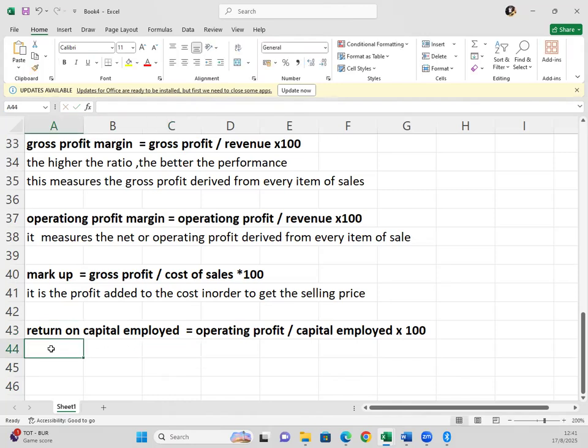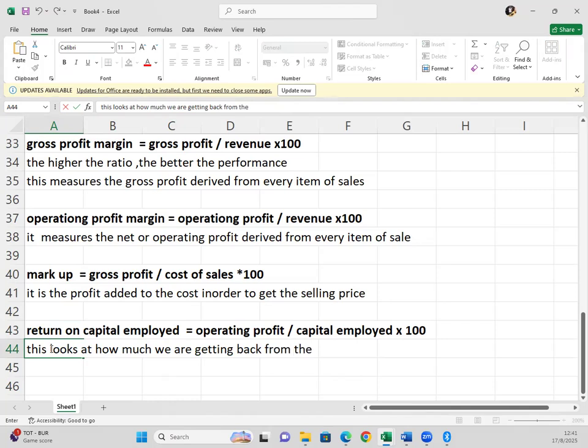This looks at how much we are getting back from the capital that we injected or employed in the business.